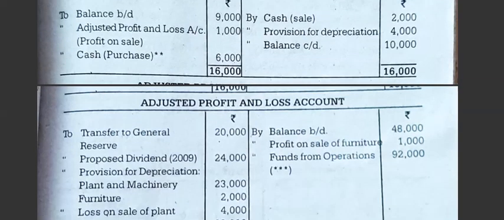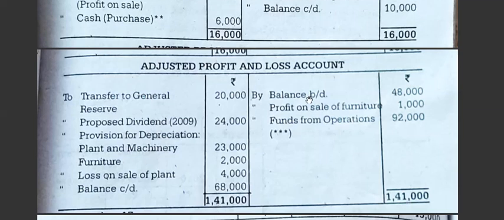I have already explained to balance brought down, opening balance, write the closing balance carried on. In between, first the transfer to general reserve, as I explained in the problem in the beginning, general reserve will come here. Then you have to see the proposed dividend of 2009. 2008 is paid, so for 2009 we have to create a provision, that is 24,000.